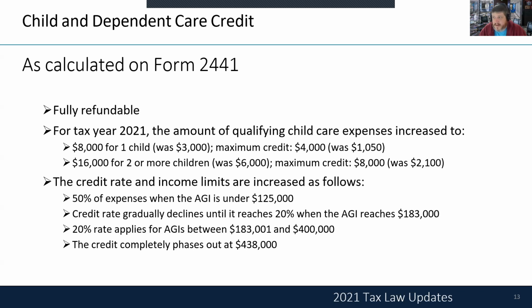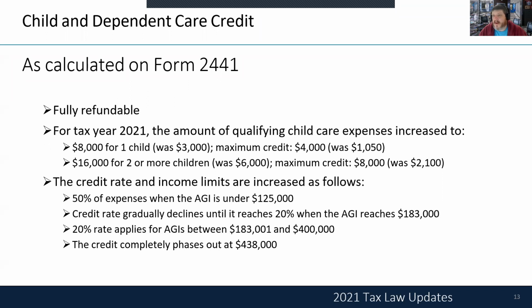Okay. Now the credit gradually declines until it reaches 20% when the AGI reaches $183,000. So it will go down incrementally from 50% all the way down to 20% as their AGI goes from $125,000 to $183,000. Now these AGI caps are not like the other caps.